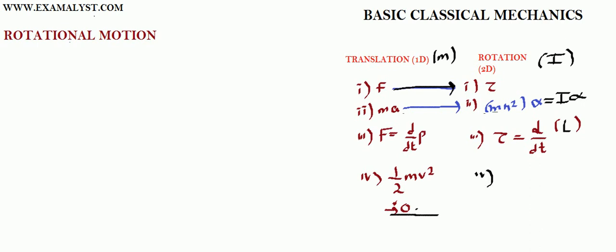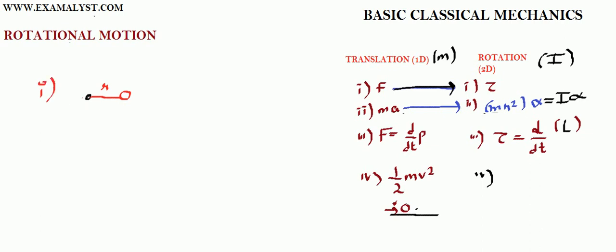Now the question is, what is the analogous energy in rotational motion? Again, let us study our system. What is our system? We are considering a very easy system where the entire mass is concentrated at a particular distance r. If we have a continuous system, then we have to do it differently, we'll do it later. Let us find the energy of this system.